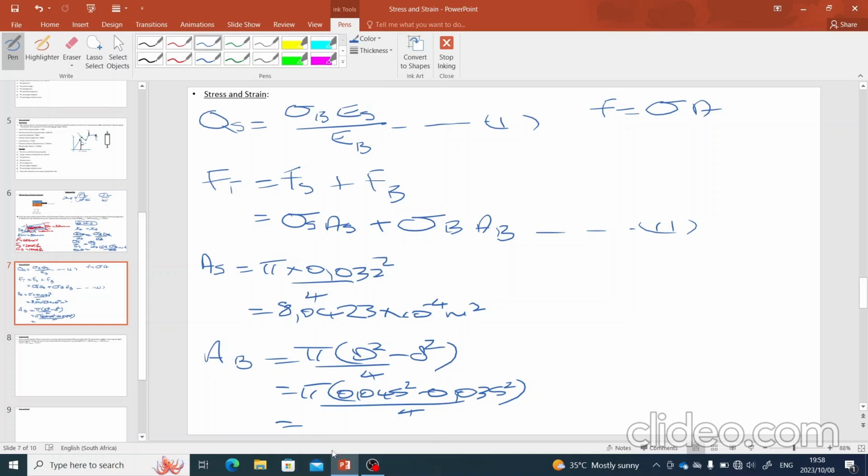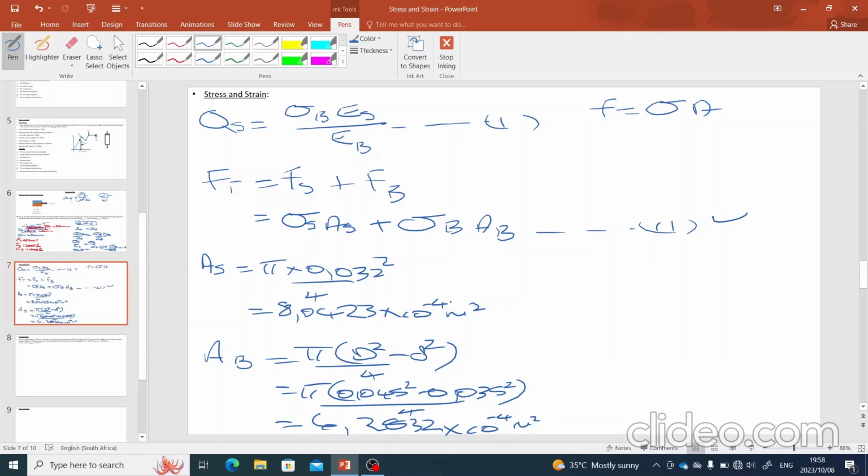Then I got my area as 6.283, I took it to the fourth digit, multiplied by 10 to the power negative 4 squared. Now I've managed to calculate my areas. I can then substitute my area into formula number 2.